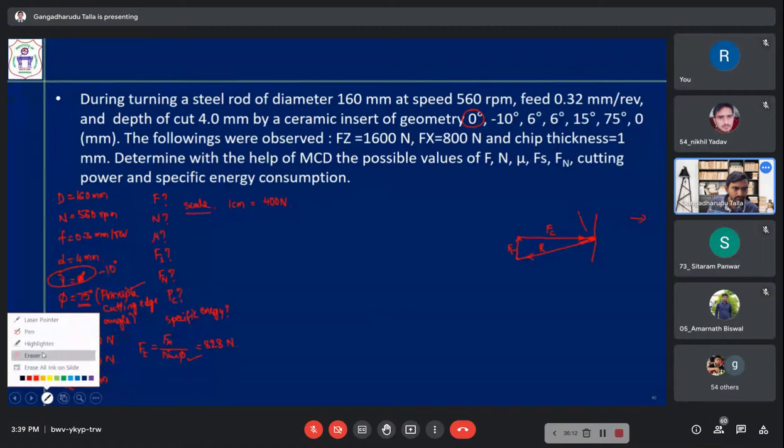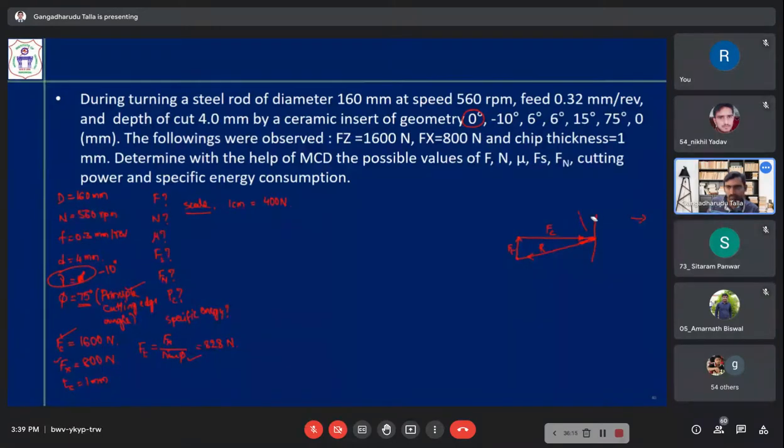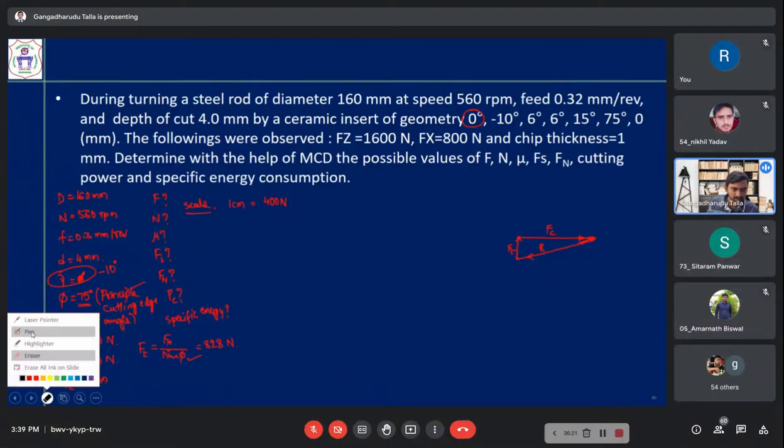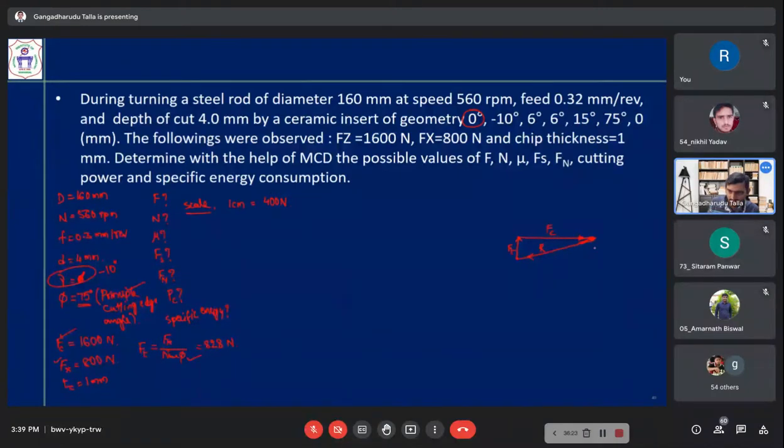Before that, you take the center of this resultant force R and draw a circle.